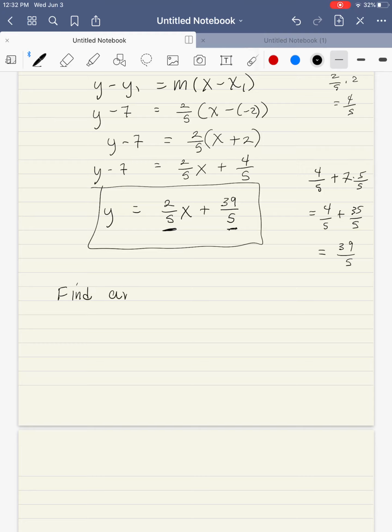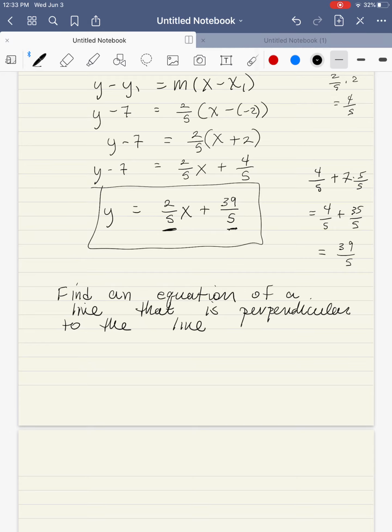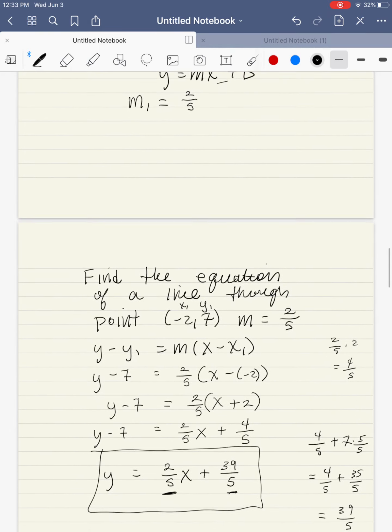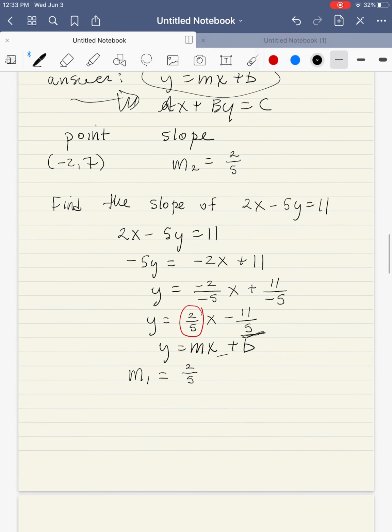All right, suppose now that I want to find an equation of a line that is perpendicular to the line.